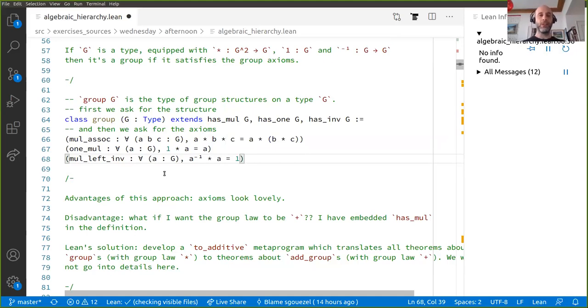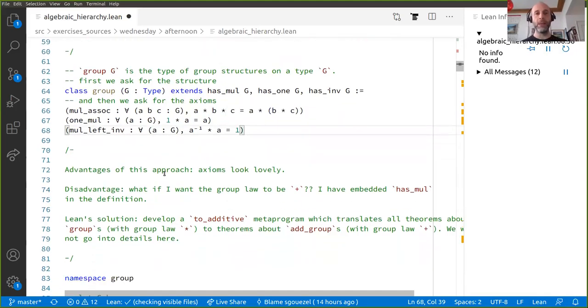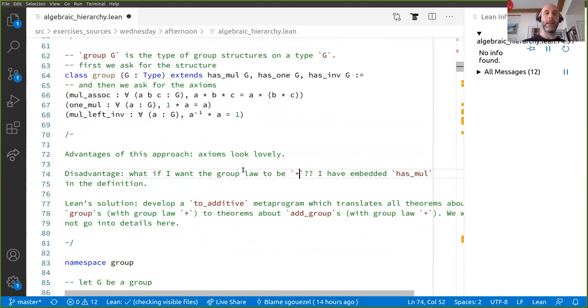The advantage is that it looks much more readable, but the disadvantage is that we are bound to multiplication here. What if I want a group with the group law addition? I'm going to have to do everything again. And indeed, that's exactly what's done in Lean. We also have a class called add group, where the group law is addition, the identity is 0, and the inversion function is neg, the negative sign.